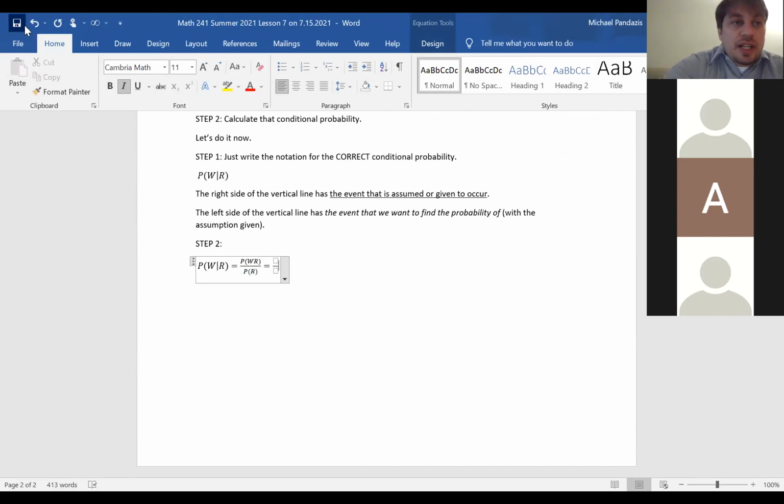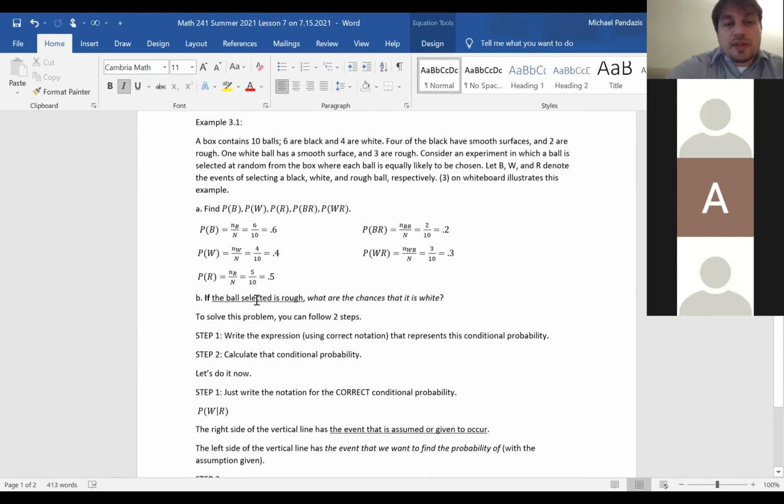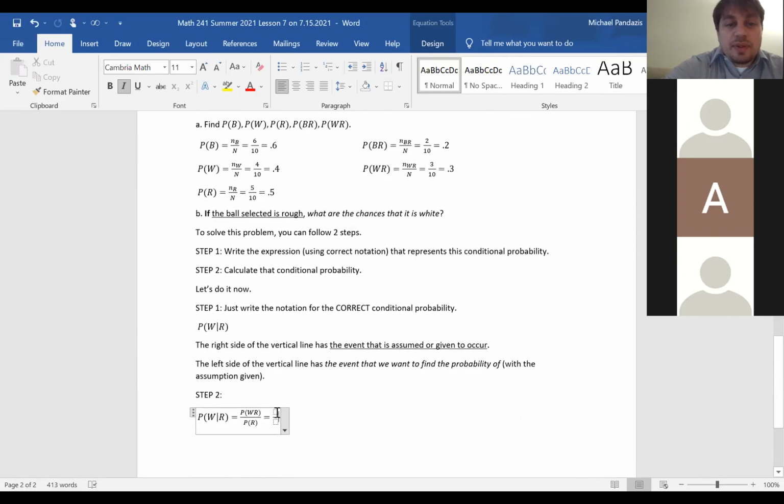Okay, so I gave you the alternate thing here, but we don't really need that because of part A. In part A, we calculated all these probabilities. So the probability of W and R is 0.3, so 0.3 is going in the numerator. And the probability of R is equal to 0.5.